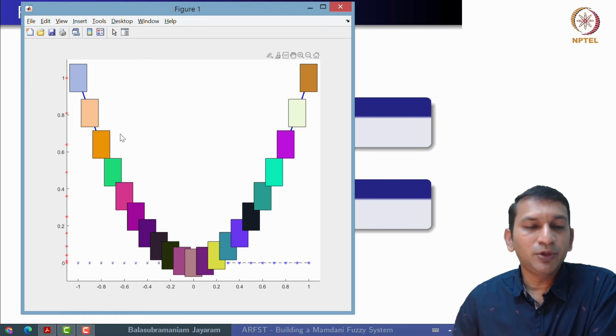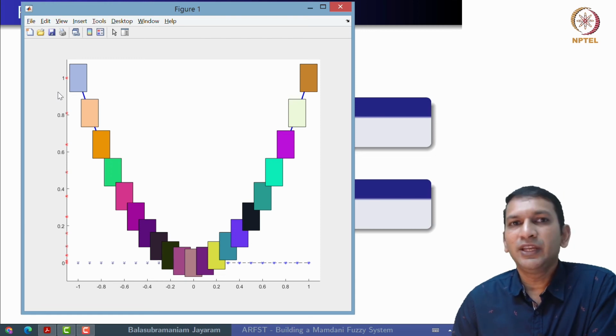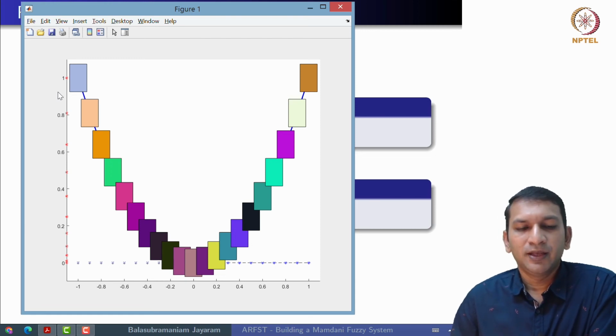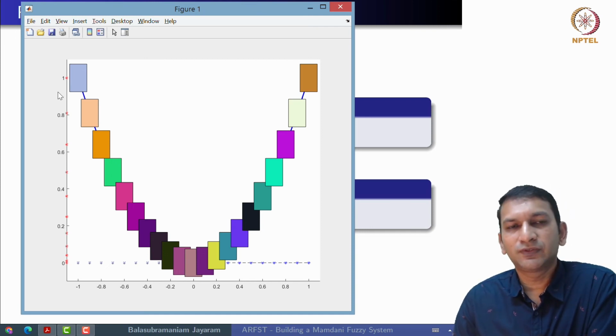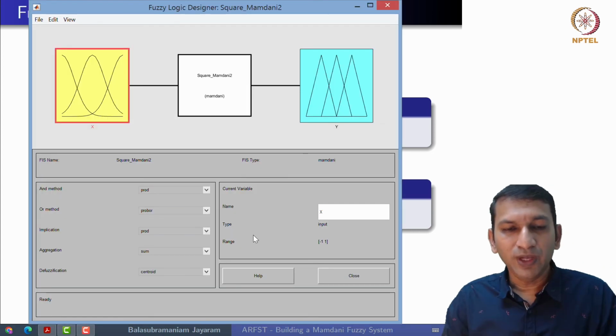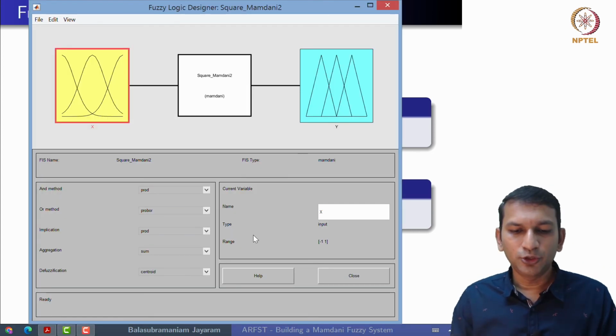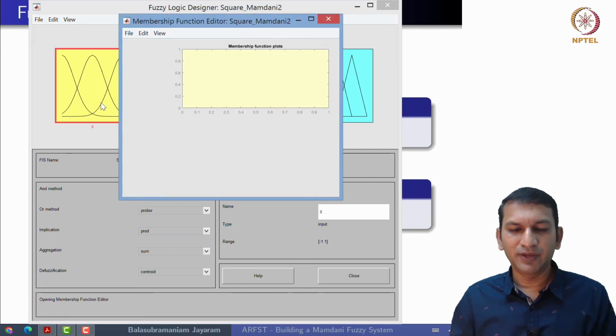However, to be able to approximate the function smoothly and completely, we would often need a fuzzy covering on y also. We will make use of this approach again in constructing a Mamdani fuzzy inference system to approximate this function x squared. Well, I have taken the liberty to populate the input fuzzy sets the way we have discussed it.